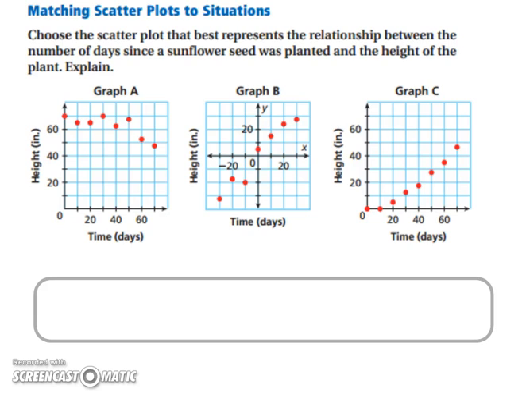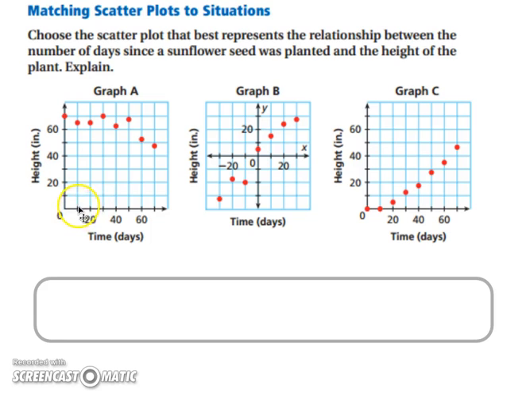Now let's try matching a scatter plot to a situation. We're going to choose the scatter plot that best represents the relationship between the number of days since a sunflower seed was planted and the height of the plant. This first graph is saying that on day 0, the sunflower was 70 inches tall.